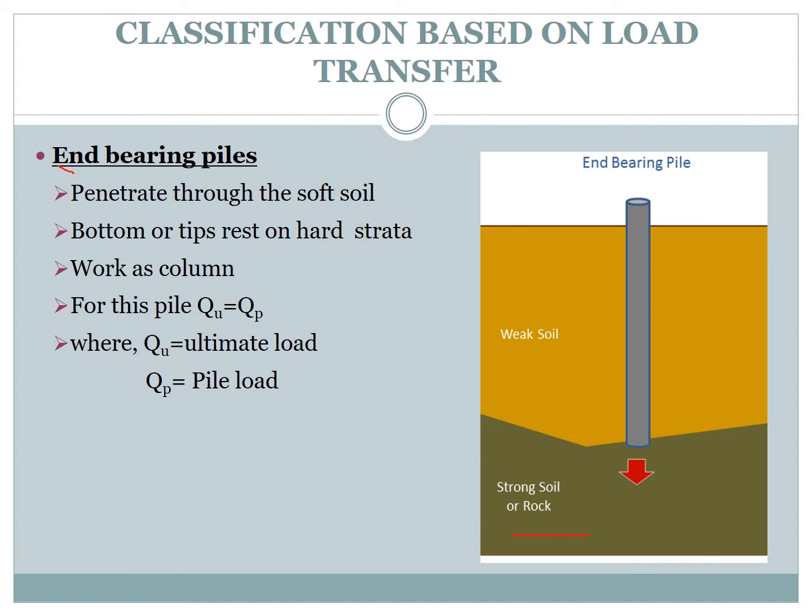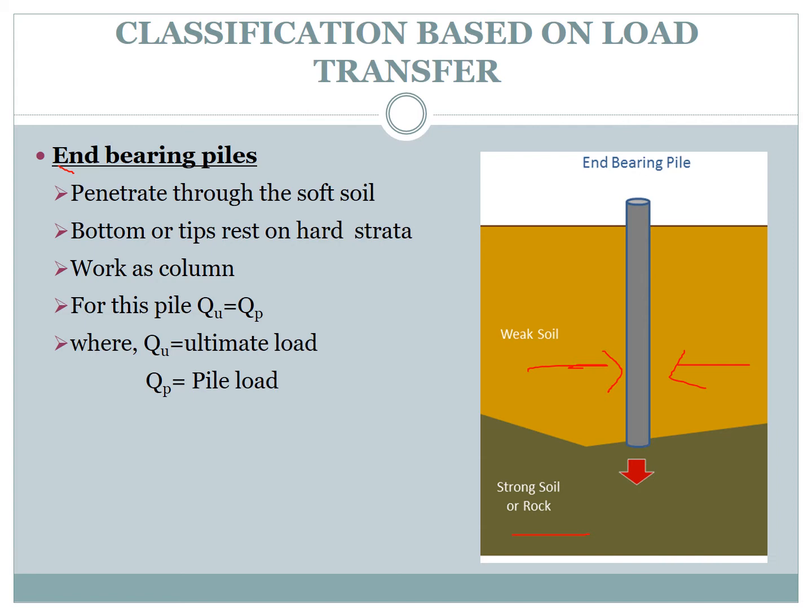In this figure, you can see the end bearing pile penetrating through the weak soil, with its tip resting on a hard stratum. These piles act as a column, and the soft material surrounding the pile provides lateral support to prevent buckling of the pile.